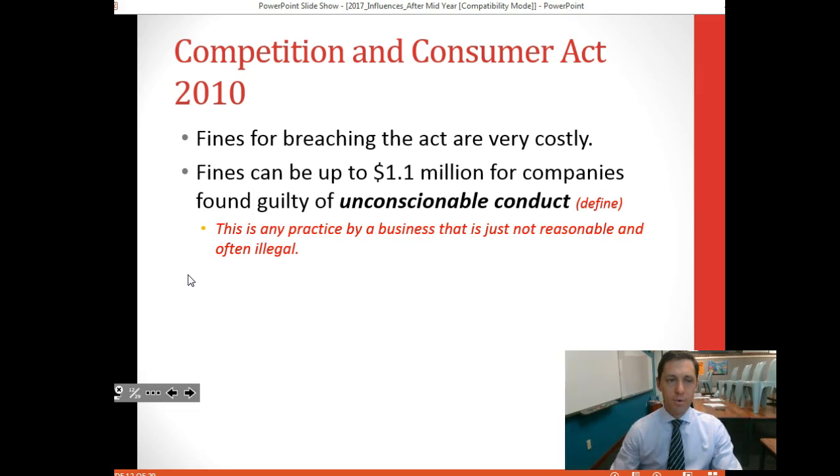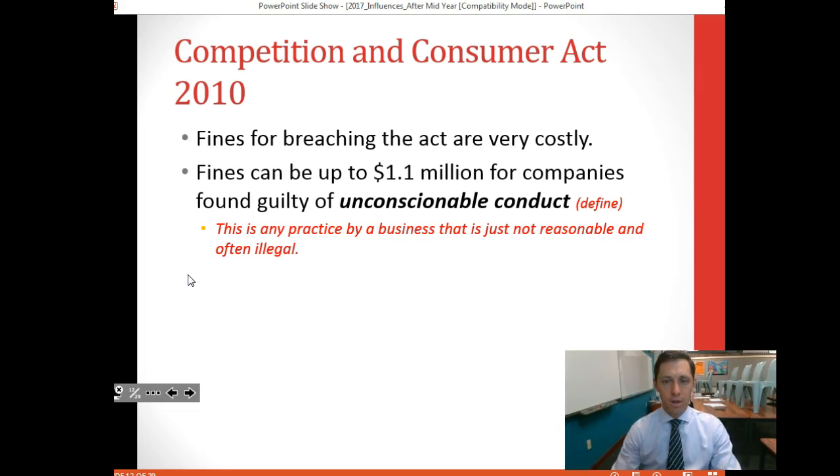So that is just a broad start and an overview to consumer law. The really important things to take out, before we look at the different elements of consumer law, are these. Number one, the Australian Consumer Law is the overarching law now since 2011, and the Competition and Consumer Act of 2010 took over from the Trade Practices Act 1974, and it covers all those times when a consumer could be disadvantaged or where competition might be restricted.